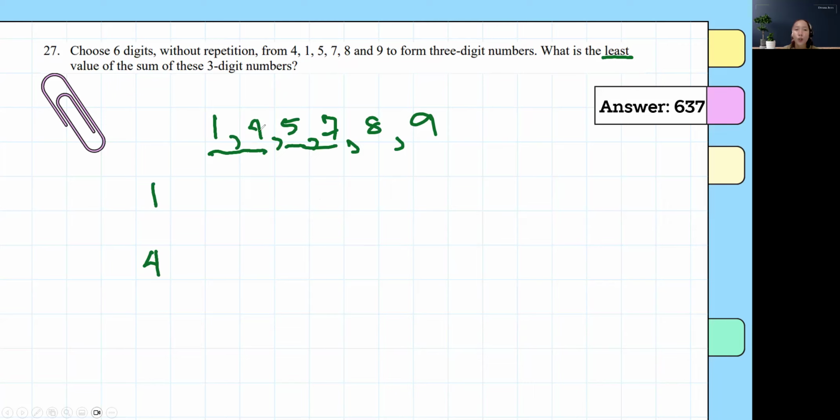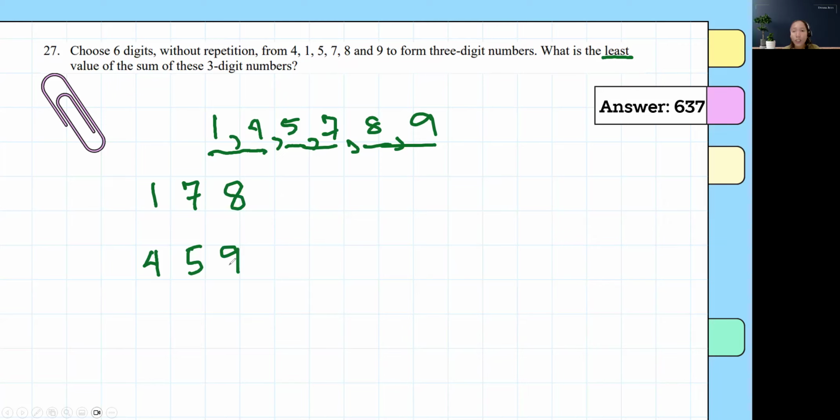We use the 7 here and the 5 here to make it as small as possible. 170 is better than having 470 right here. So from there we have 170, and these two places can be 8 and 9.